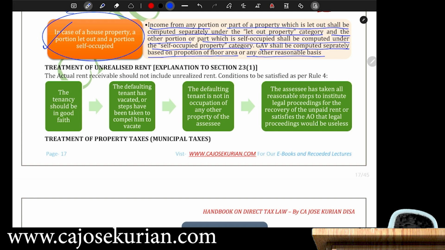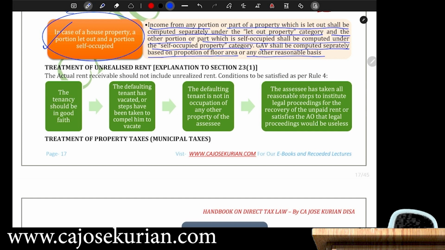The assessee has taken all the reasonable steps to institute legal proceedings for recovery of the unpaid rent, or satisfies the AO that legal proceedings would be useless. What is that? Say for example, my tenant was a terrorist. He has been captured by the military and killed. Now if I file a case against that terrorist, will I be able to recover that rent?